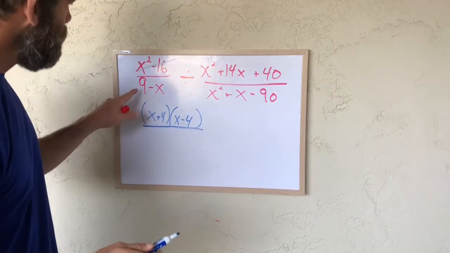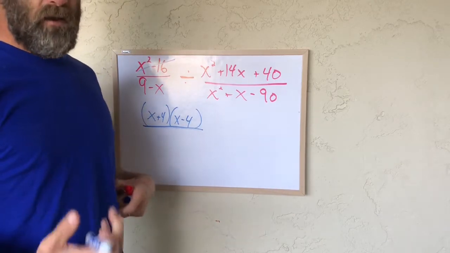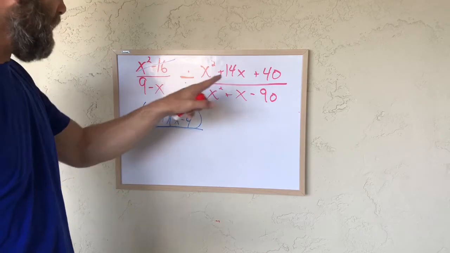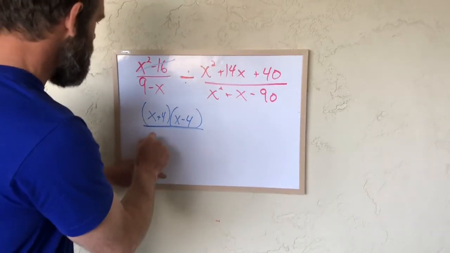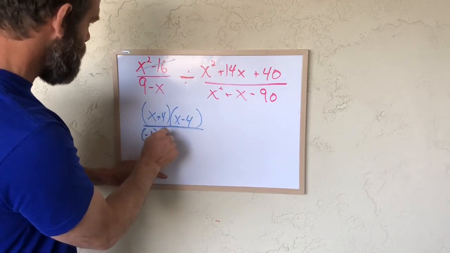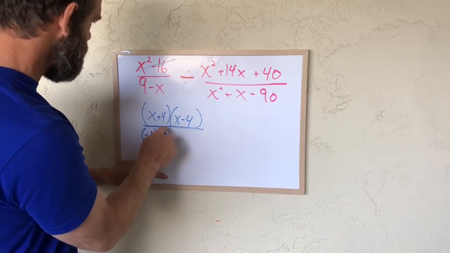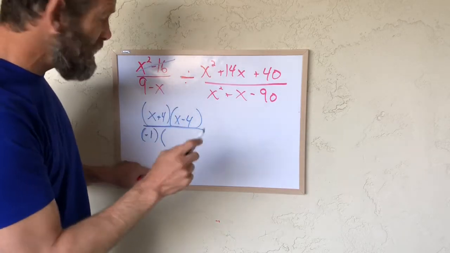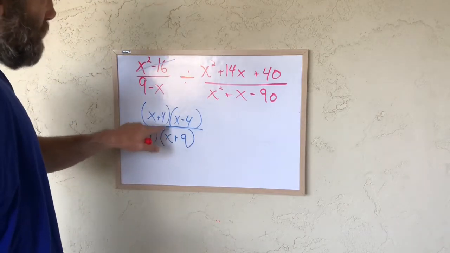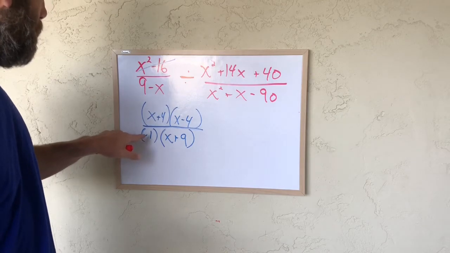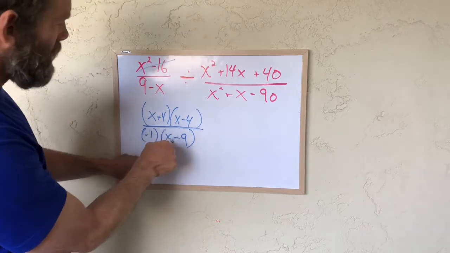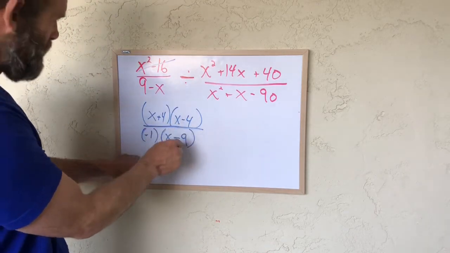Okay, now look, 9 minus x. You're a STEM class, so you should understand also, you're not going to get a 9 minus x in here. But if I did negative 1 times this, 9 minus x is the same thing as x minus 9 times negative 1, because negative 1 times x is negative x, and negative 1 times negative 9 is a positive 9.